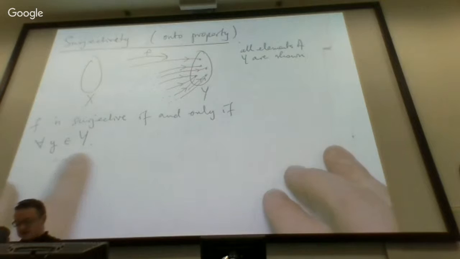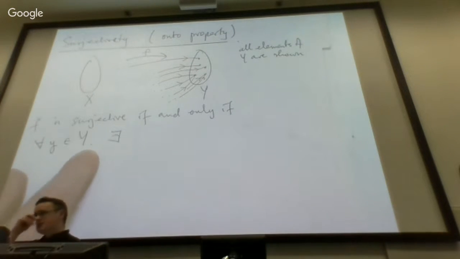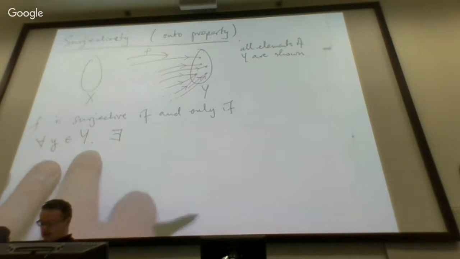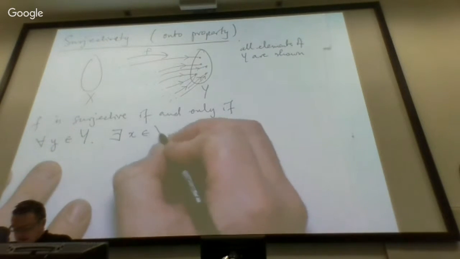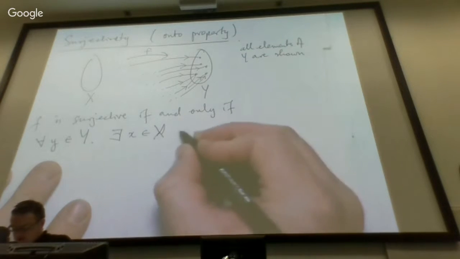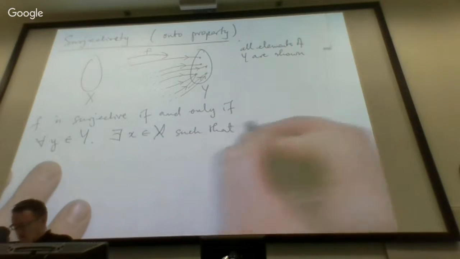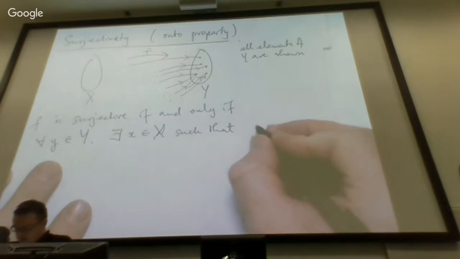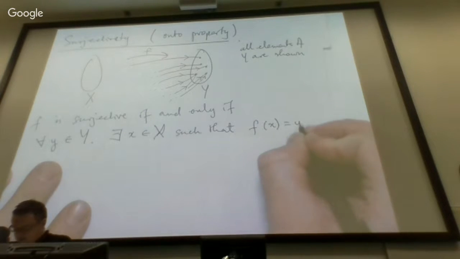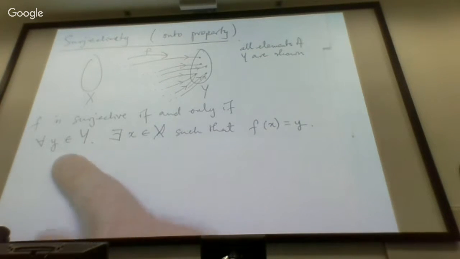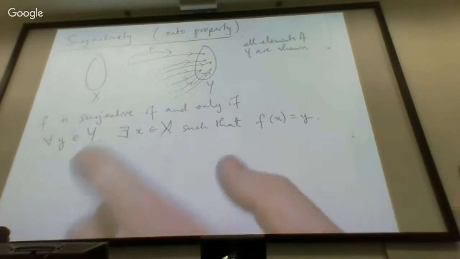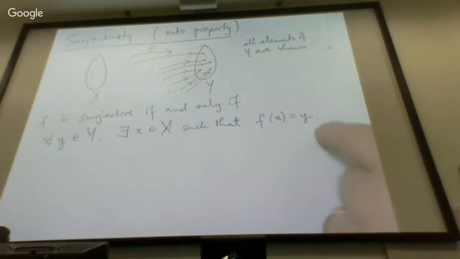Now we're saying for every element in the codomain, you've seen the backwards E, it exists. So for every element y in the codomain, there exists an element x in the domain such that f of x equals y. So it says, no matter what element in the codomain you focus on, there is always at least one element in the domain such that the function maps that x to this y. This is surjective behavior.